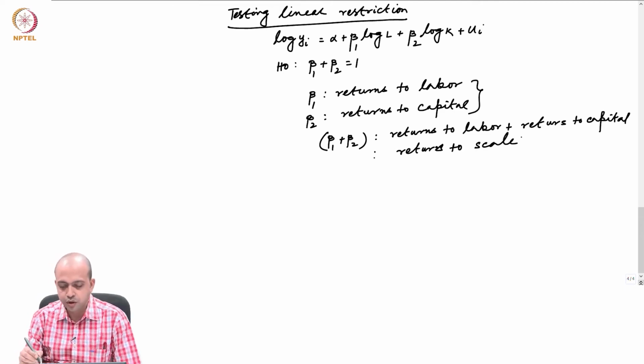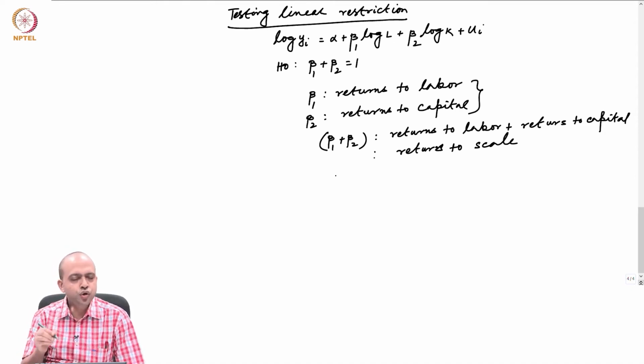That means when both the factors are changing, it is called returns to scale. When one factor is changing, that is called returns to factor. And in a production function, we may have three alternative cases: increasing returns to scale, decreasing returns to scale, and constant returns to scale.